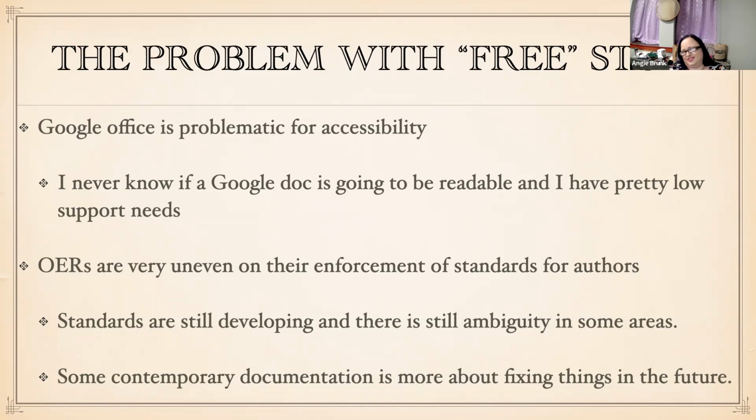Google Docs and Sheets and all that can be really problematic from an accessibility point of view. I actually have fairly low support needs when it comes to reading electronic documents, and I'm very savvy at it. And Google Office is still super hit or miss with me. Every time I get a Google Office link, I groan a little and go, okay, let's see if I can actually read this.